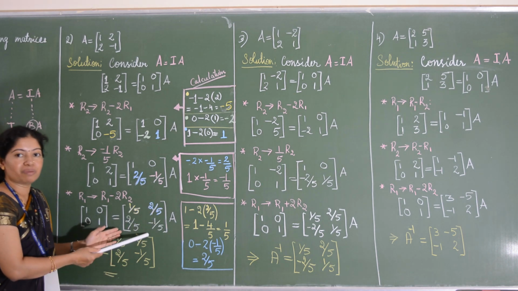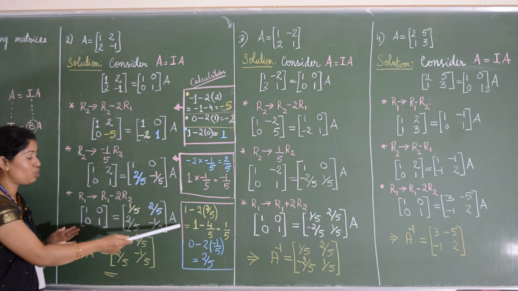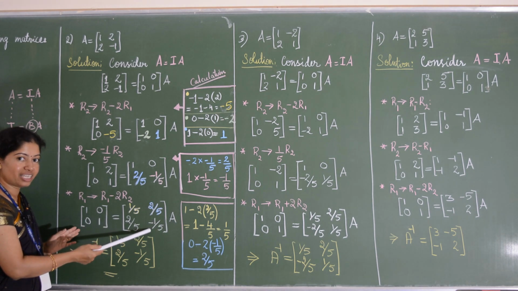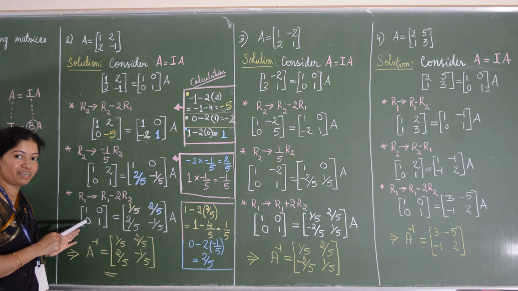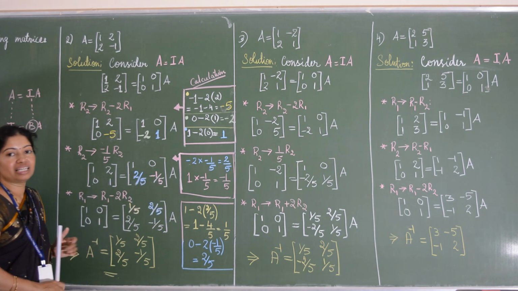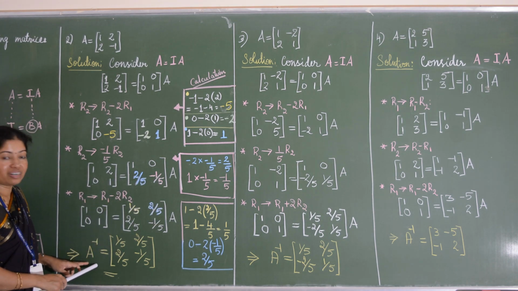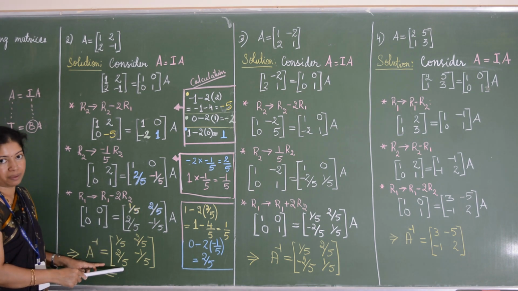A into this matrix giving us the identity matrix. So when you multiply two matrices and you are getting an identity matrix, it means this is the inverse of the given matrix A. So finally we can write A inverse as this matrix B.